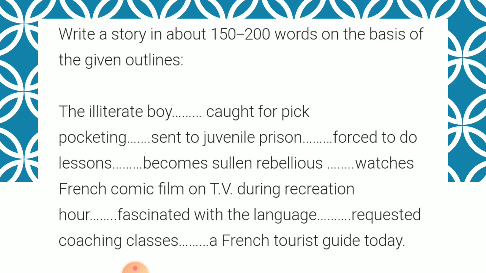Forced to do the lessons, becomes sullen, rebellious, watches French comic films on TV during recreation hour, fascinated with the language, requested coaching classes, a French tourist guide today. So these are the outlines of the story.